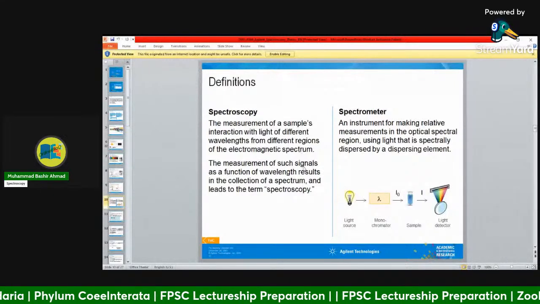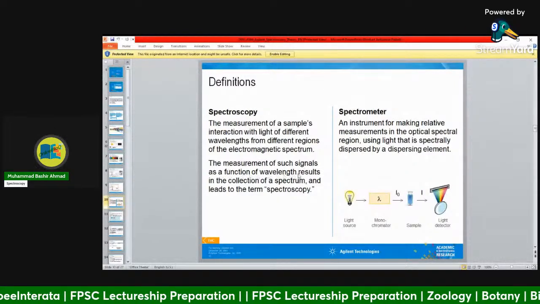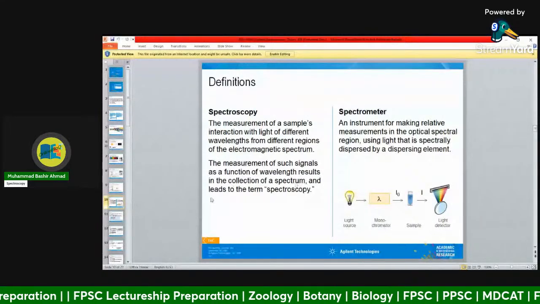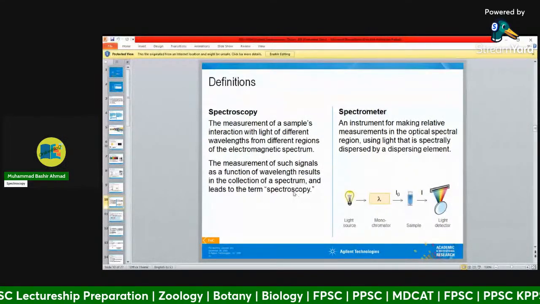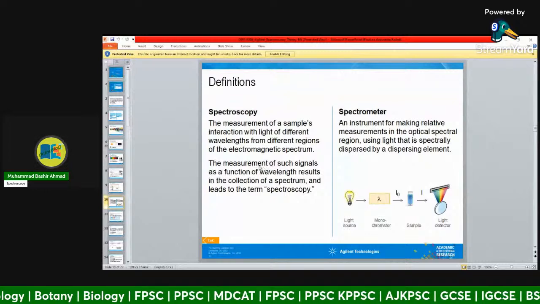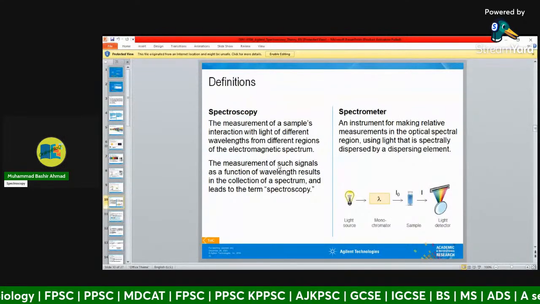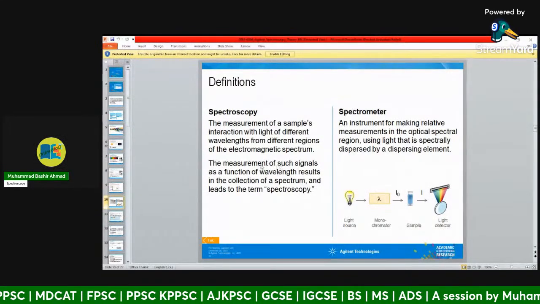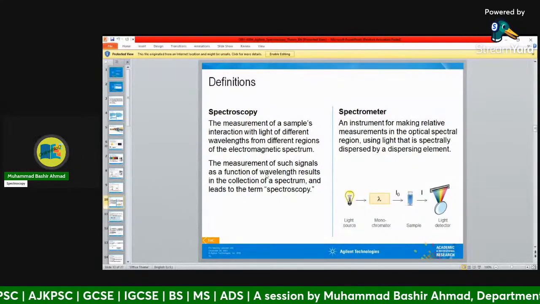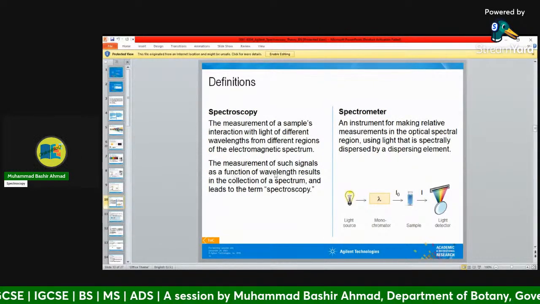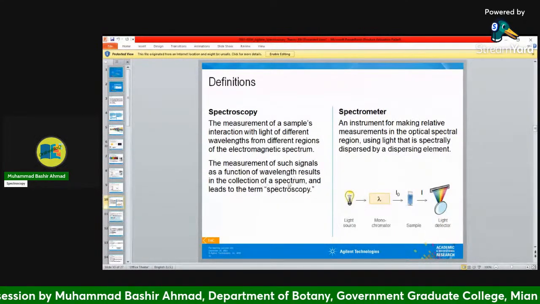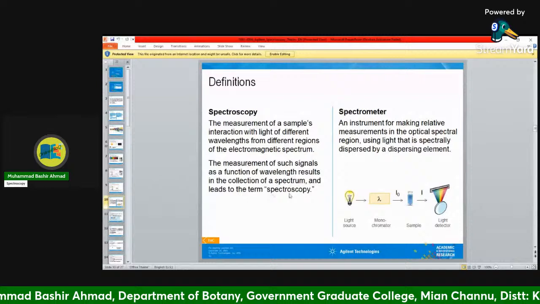The measurement of such signals as a function of wavelength results in the collection of a spectrum and leads to the term spectroscopy. So a series of measurements is made in different circumstances.